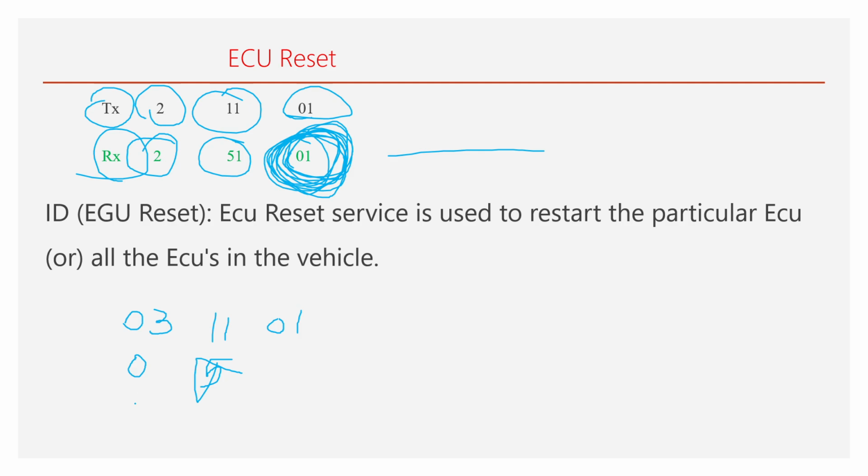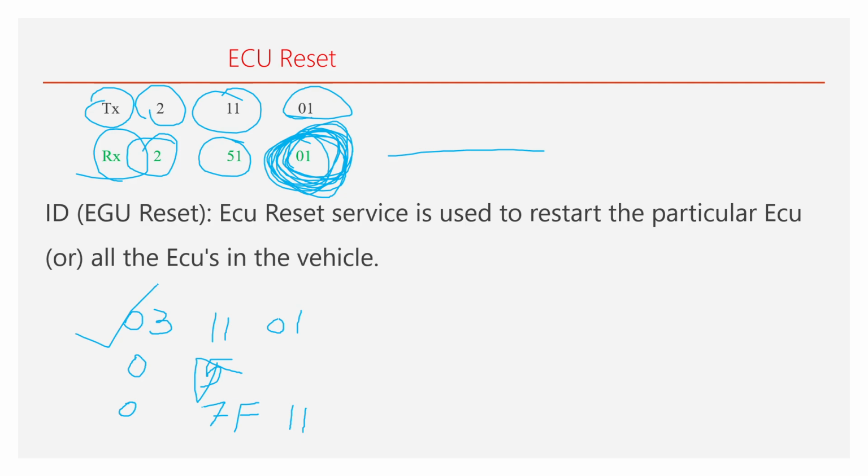Whatever DLC we give, the DLC here and 7F. Why will we get 7F? For every negative response, the ECU follows with 7F and the service ID, whatever service ID you gave, and which NRC will we get for this request.